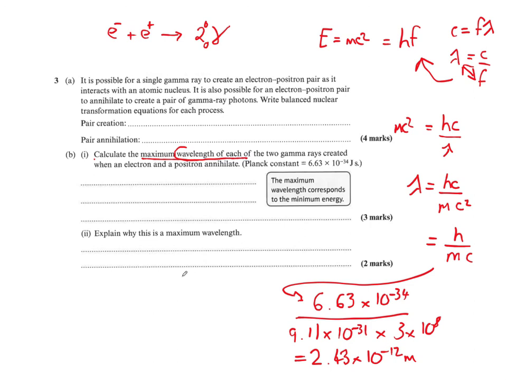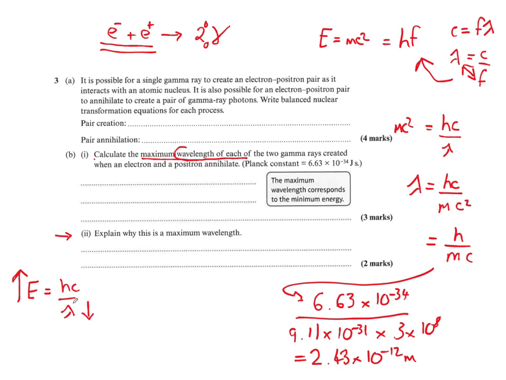Right, why is this the maximum wavelength? The energy, as we know, is equal to hf, and if you rearrange that, you get hc over lambda, so as the energy increases, the wavelength goes down. If the positrons and the electrons had kinetic energy beforehand, their energy will go up and their wavelength will go down.